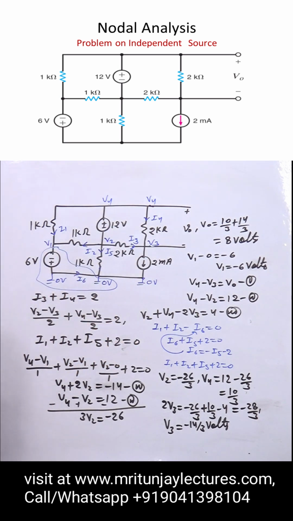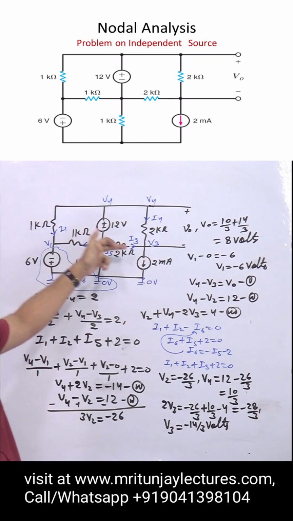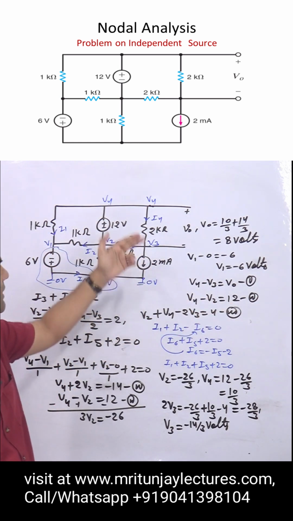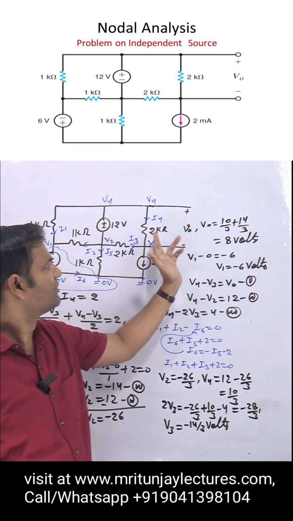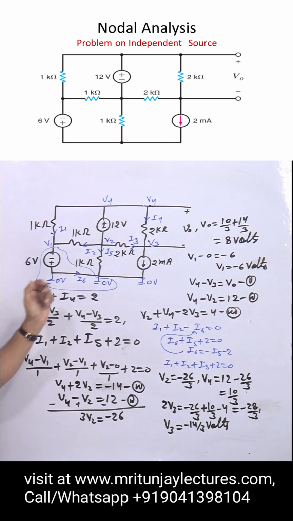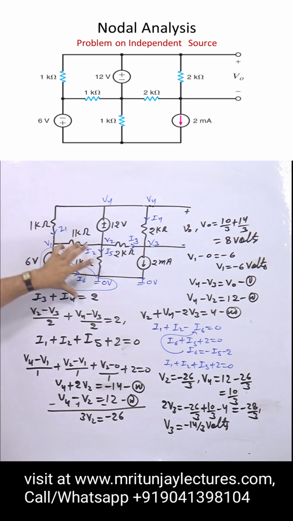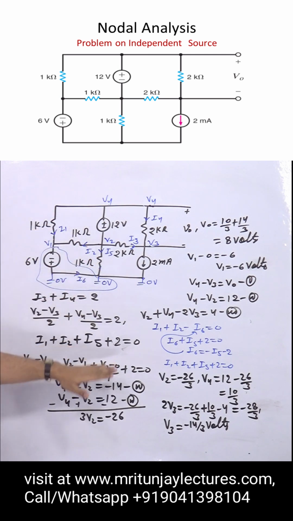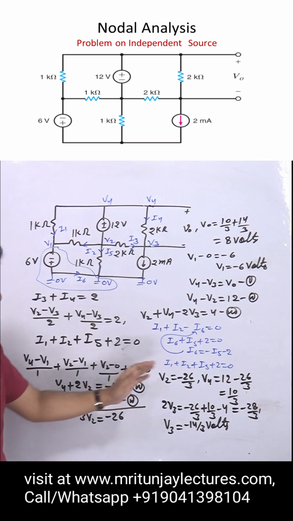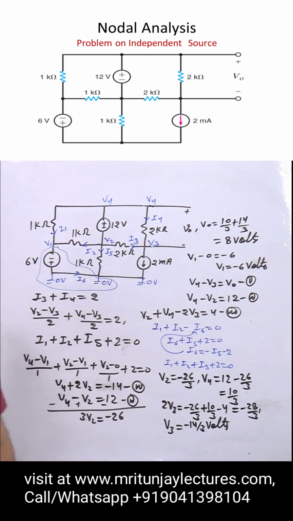V1 is also written as minus 6 volt, and V4 minus V2 is 12, V4 minus V3 is V0. After that apply KCL at that node, the supernode. Then we got this after solving, and the final answer is 8 volt.